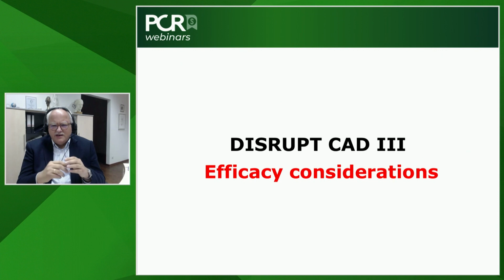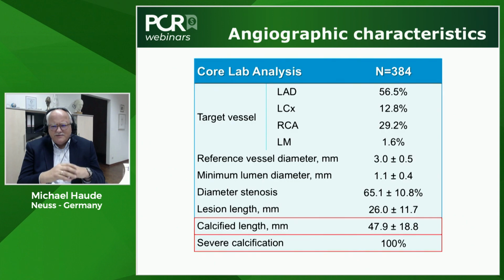Yeah, absolutely. What you have seen with the two cases here is that this kind of technology really is working very, very well. So can we go to the next slide, please? The efficacy, that is the thing here. And if we look a little bit at what was treated within the DISRUPT CAD III, next, please.